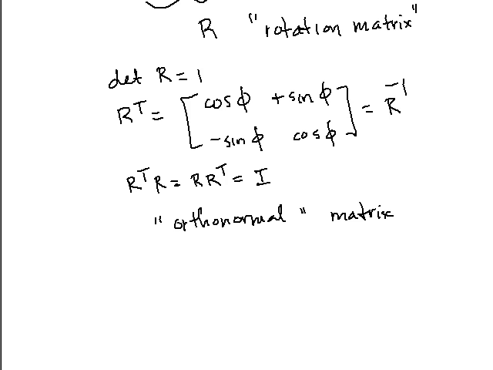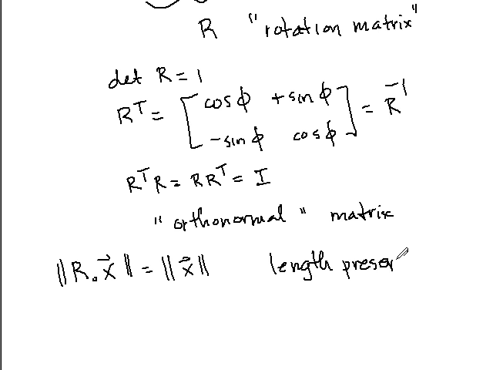So what this means is that if I take any vector x and I multiply it by a rotation matrix and then look at the size of it, it's the same size as my original vector. So it's length preserving. Now that's what you expect the pure rotation to do, right? Because if you have any vector and you rotate it, you're not changing its length. So these two vectors have to have the same length, so this has to be an orthonormal matrix.